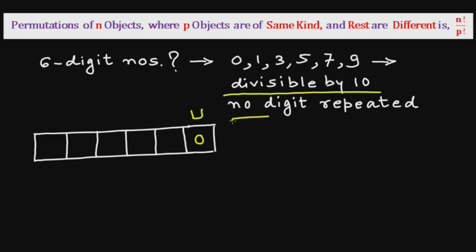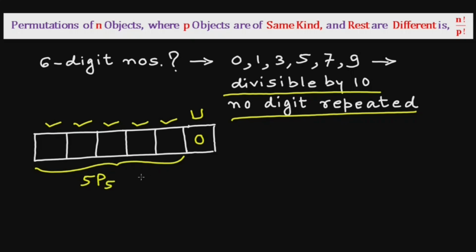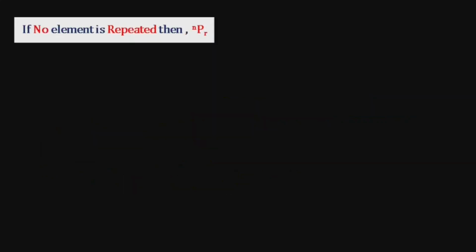And since no digit is to be repeated, the remaining 5 places can be filled in 5P5 ways multiplied by this single place 0, that will be 5 factorial. So 120 6-digit numbers can be formed according to this condition.